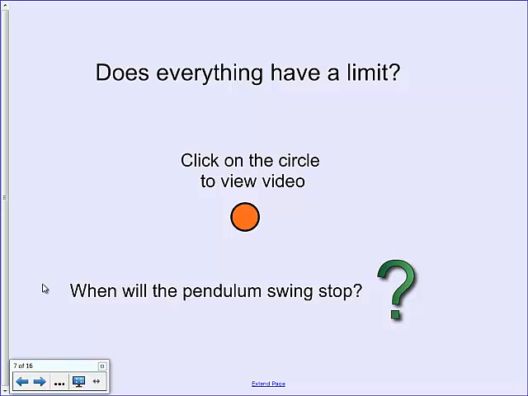When will it actually stop? If I set those balls in motion, does it ever stop? No. So what if I have a graph that looks like that? Do you think I'd have a limit there? I don't know.